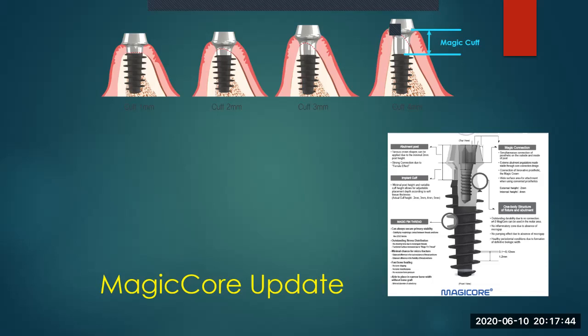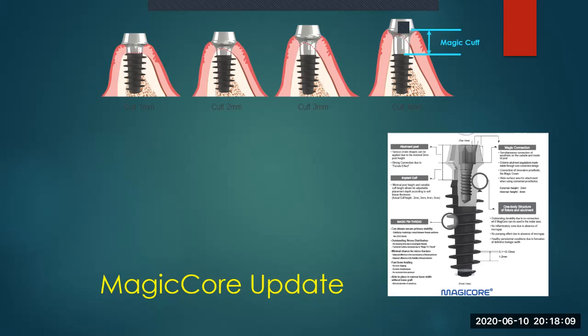And there is a good variation in the level of the cuff, which is the soft or smooth surface between the body of the implant and the part of the implant that will be exposed outside the gingiva, or exposed to the oral cavity.